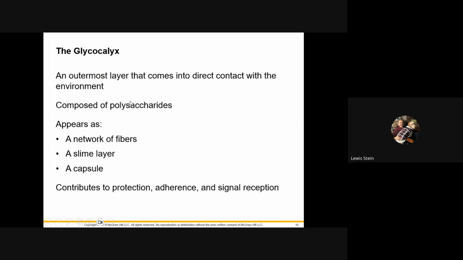Plus, just like us, they have a glycocalyx. You remember studying the eukaryotic cell? Many of you with me? Okay. Got it covered.